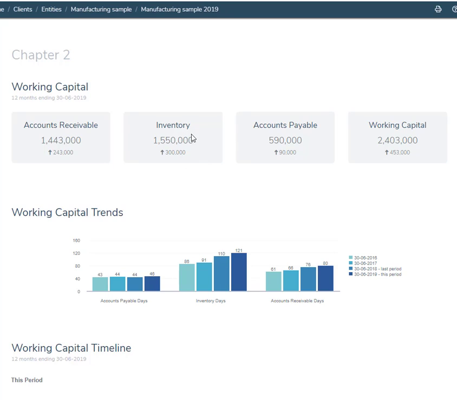Our inventory has increased. So we're producing more, but it's sitting in our stock for longer, whether that's in our warehouse or wherever it may be. Our stock on hand, or our inventory on hand, is increasing, which is not a good sign. Our accounts payable has increased, so the people we owe money to has increased.